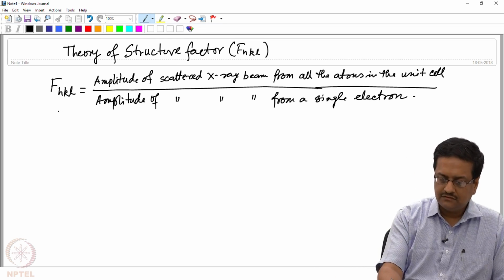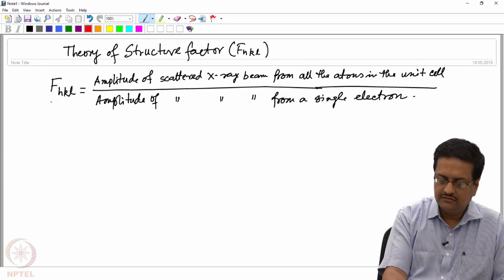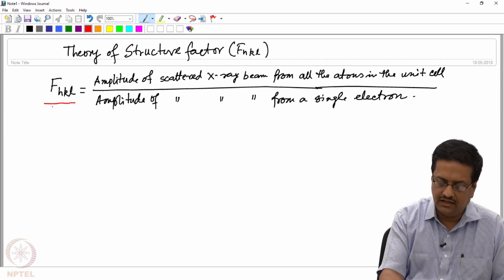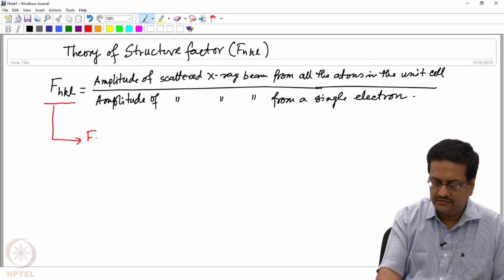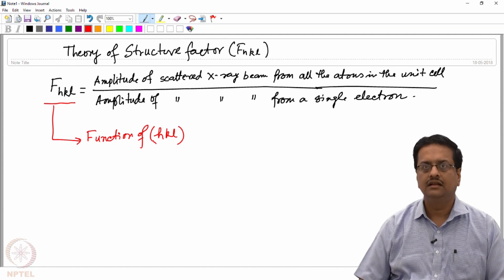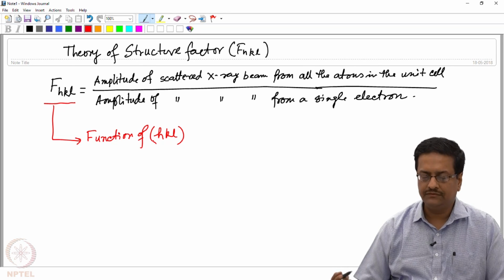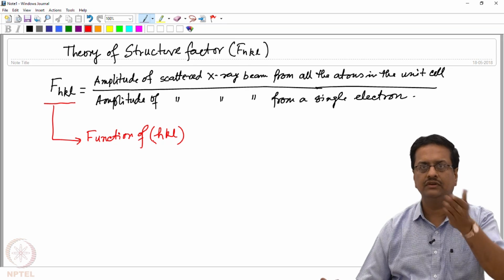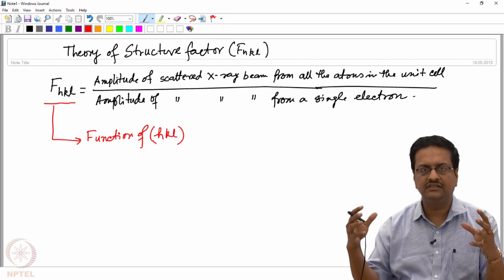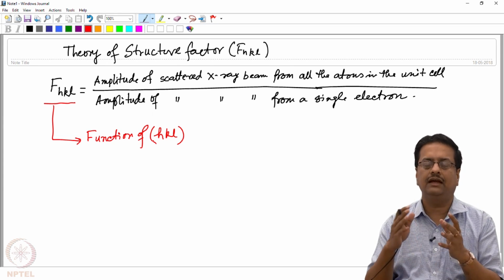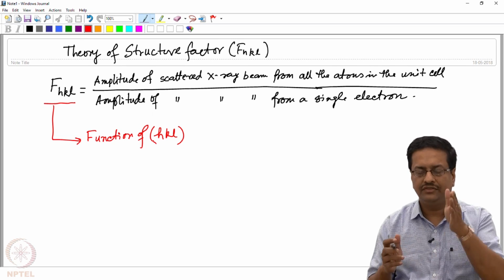So, this structure factor capital F HKL is a function of HKL. That means for different plane HKL, the value of this F HKL will be different because the planes that we are talking about have different orientations. So, different atoms present in the unit cell will have different contributions to the diffraction factor, that is the FHKL, on that particular plane.